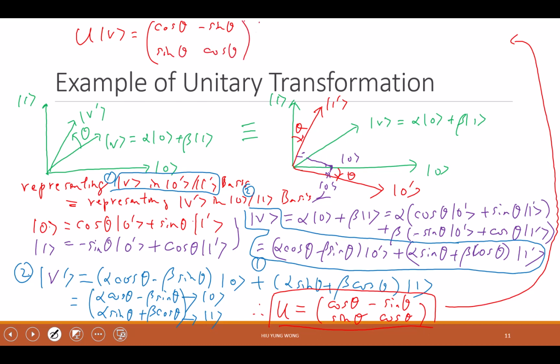What is V? V is alpha, beta. Which basis are we talking about? 0, 1. So very much like what we talked about before, but now we can visualize it. Do the matrix multiplication. What do you get?